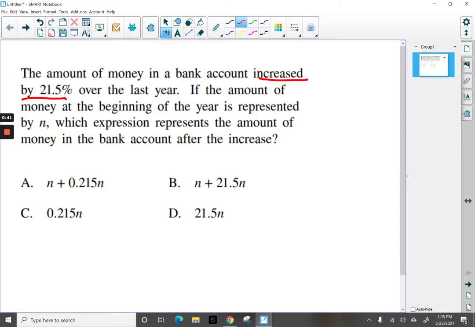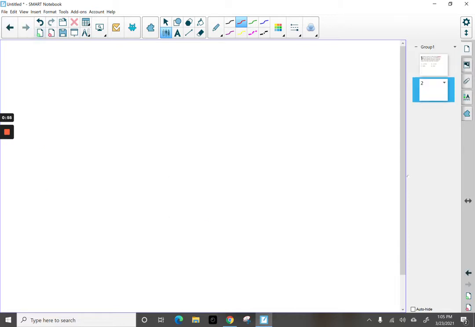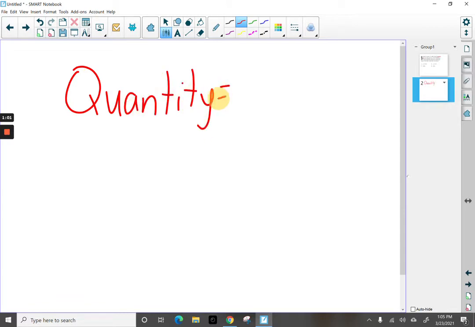Now, if you are familiar with our equation that we can use to solve percent problems, I'm just going to quickly discuss that right here. The equation that I use is quantity equals percent times whole.